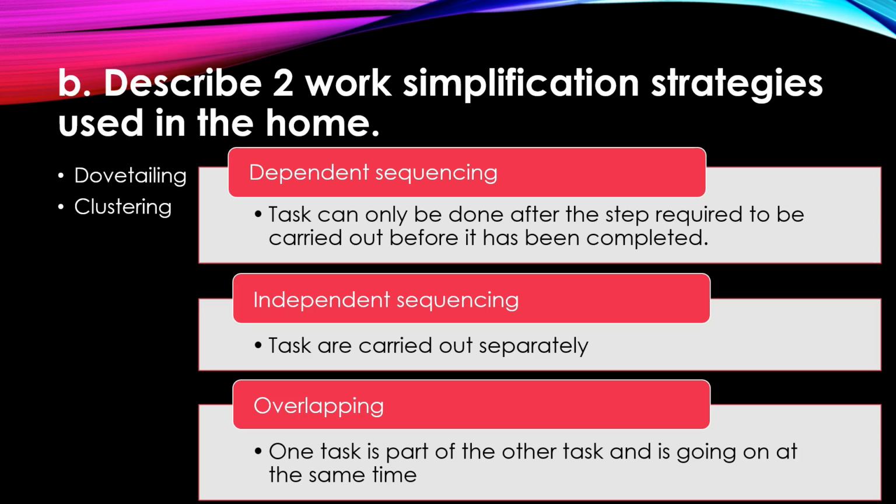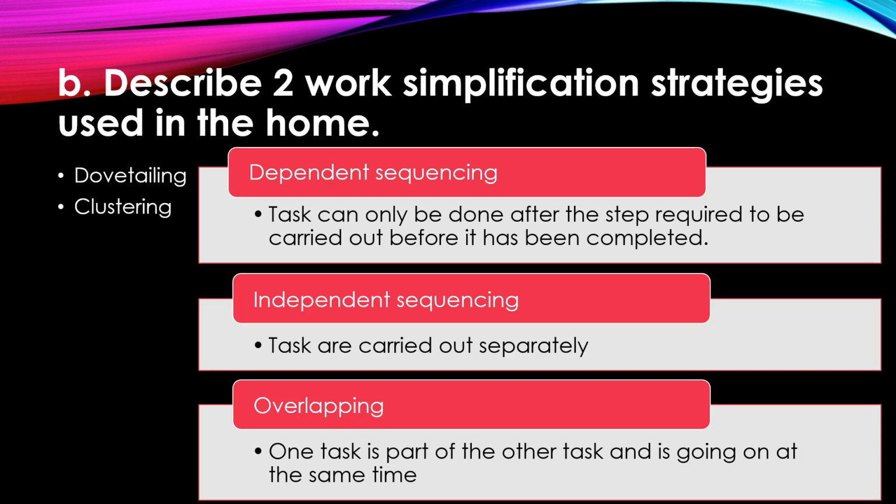Dependent sequencing. Whenever I think about dependent sequencing, I oftentimes think about the construction of a garment or the making of a cake. Now, this means that the tasks are all related to each other, and a task can only be done after the step required before it has been completed.